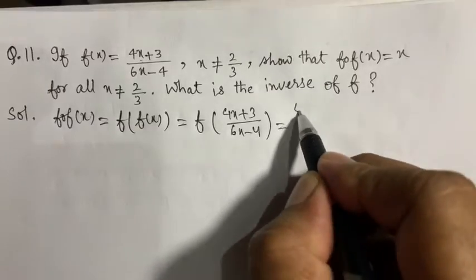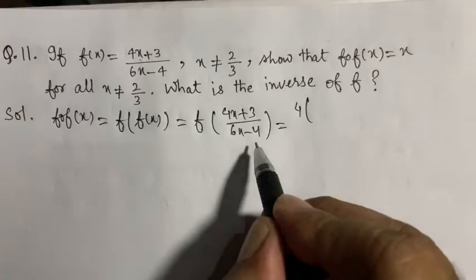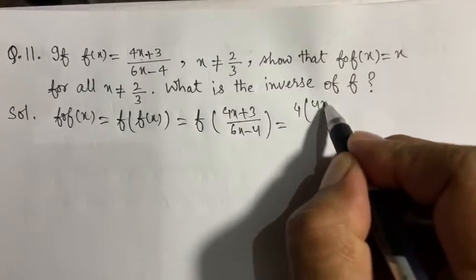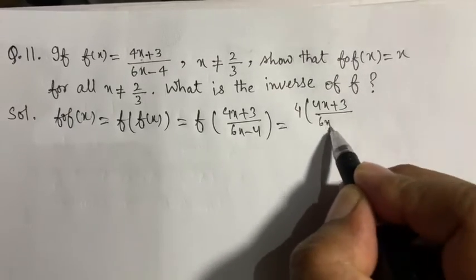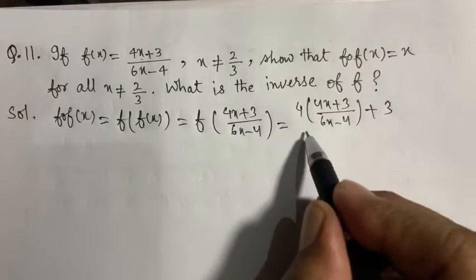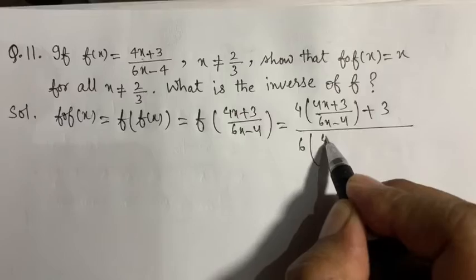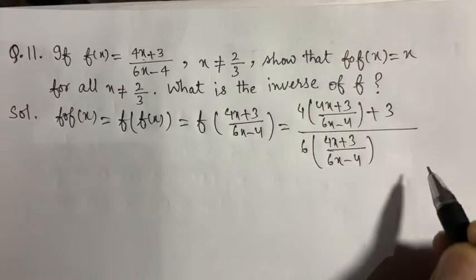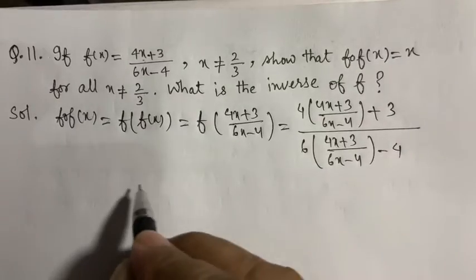So we put (4x plus 3) by (6x minus 4) in place of x there, to obtain: 4 times (4x plus 3) by (6x minus 4) plus 3, upon 6 into again (4x plus 3) by (6x minus 4), and minus 4.